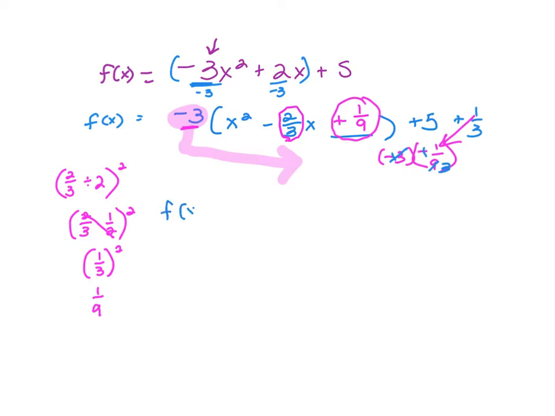So now I have f of x equals -3x squared minus 2/3 x plus 1/9 plus, and I can keep it as 5 1/3, or I can convert that into a fraction, 16/3, same thing.